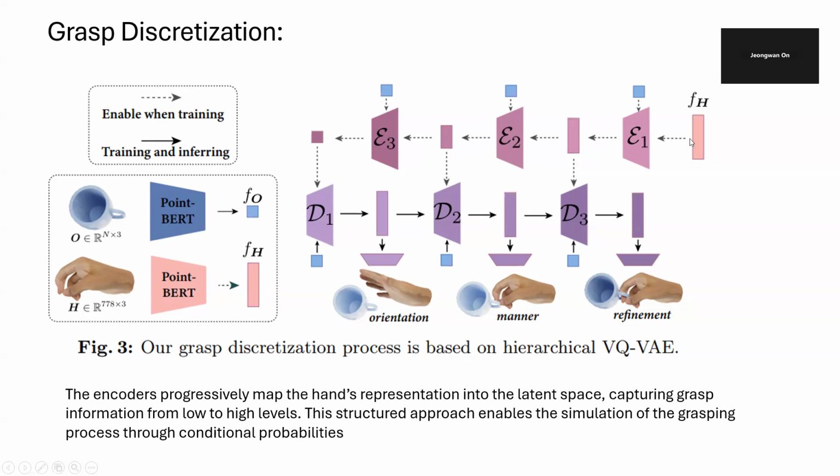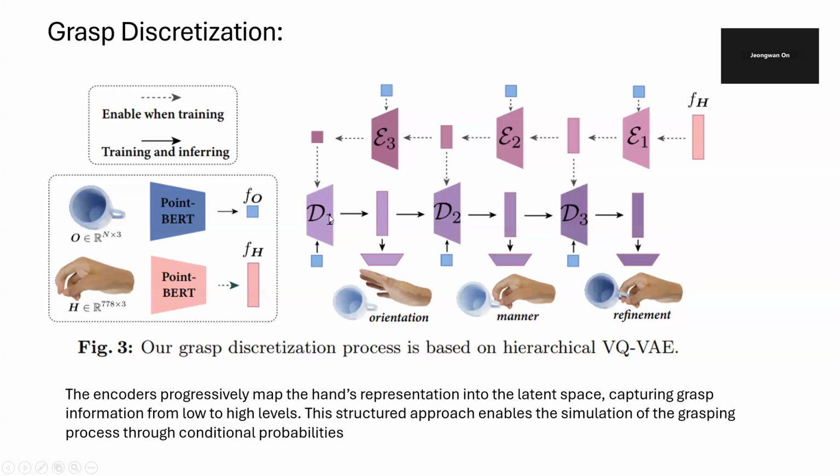The hand features are fed to the encoder along with the object feature, and out comes a vector, a codebook vector is selected from this, and that in turn is fed to the next encoder, and this output is fed to the last decoder part.